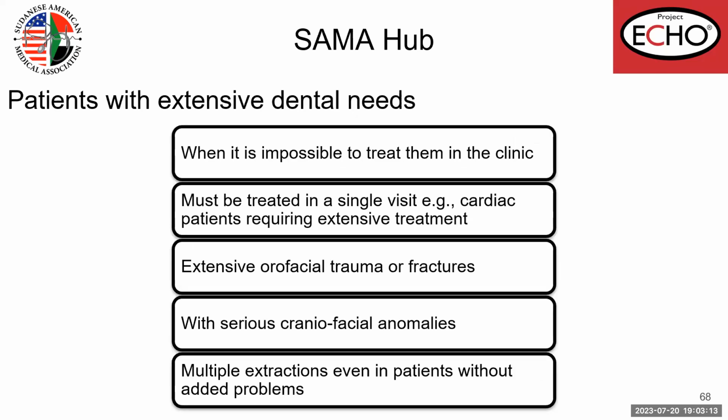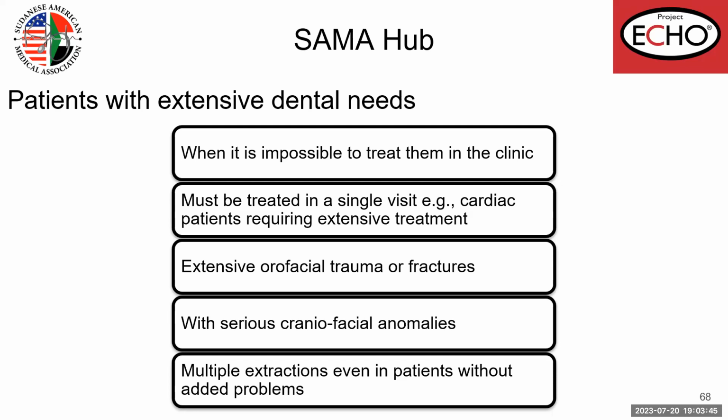Patients with extensive dental needs, when it is impossible to treat them in the clinic, and as we mentioned, if they need comprehensive oral rehabilitation, or they have to be treated in a single visit. For example, a cardiac patient, when you're going to give prophylactic antibiotics, it's better to go for general anesthesia and do everything if they need extensive treatment, rather than dividing the treatment into appointments every 2 or 3 weeks where you have to give prophylactic antibiotics.